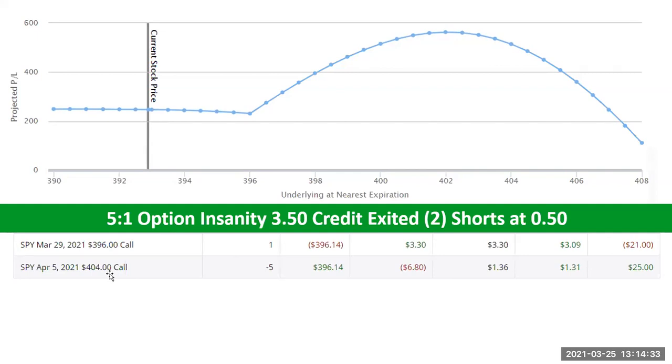So we're taking advantage of that with the option insanity trades. And again, this one's going out in time, so I know if the market's going to go up, the volatility is going to come out.